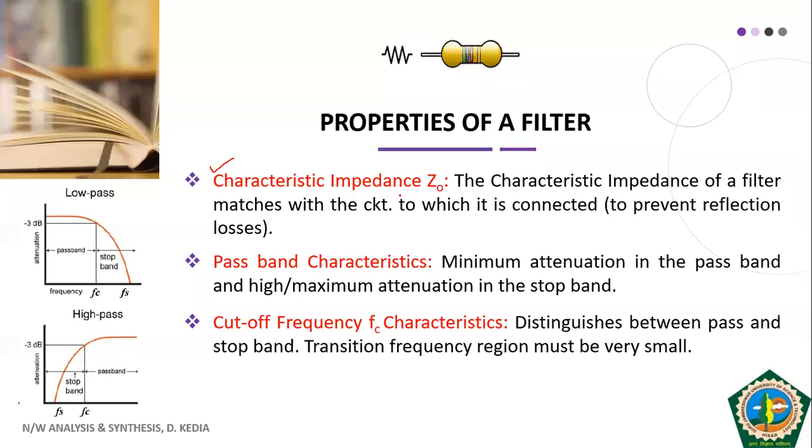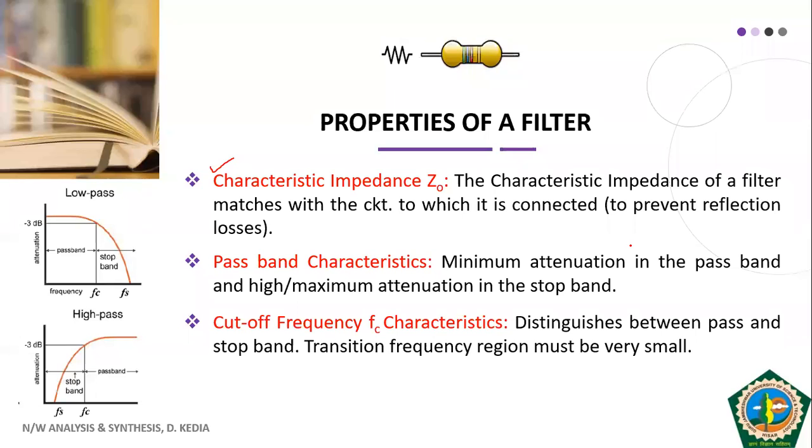Every filter is an electrical network. We already have talked about two port networks. We have also seen certain electrical networks. So every electrical network has its impedance. Since filter is also an electrical network, filter also has its impedance.